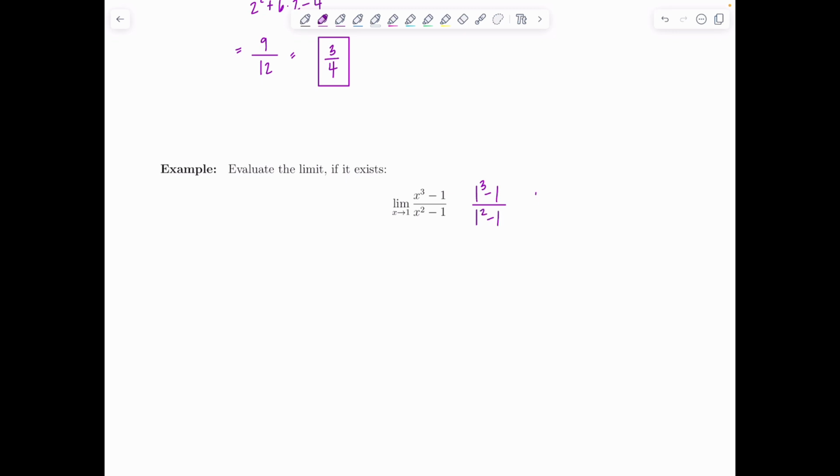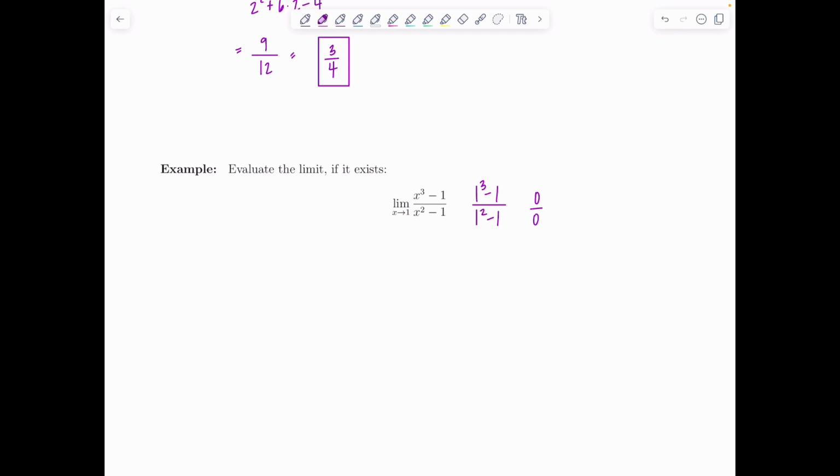Uh-oh, this is giving me problems because I would have 0 over 0. Oh no, that's an indeterminate form, meaning I can't determine what the limit is when it's written this way, 0 over 0. So what we're going to do, and a common technique to keep in mind when this happens, is try to factor your rational expression and see if you can cancel something out that'll get rid of the problem, those zeros in the top and bottom.